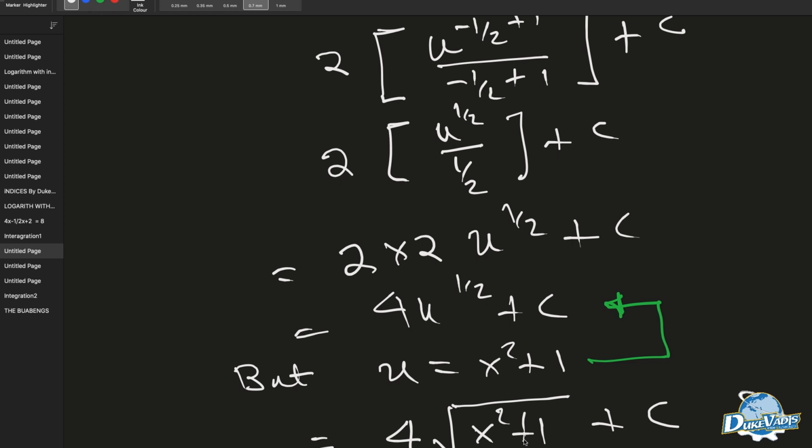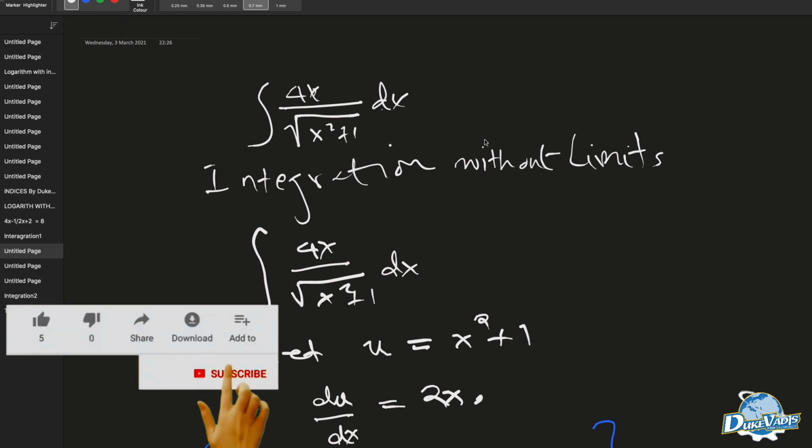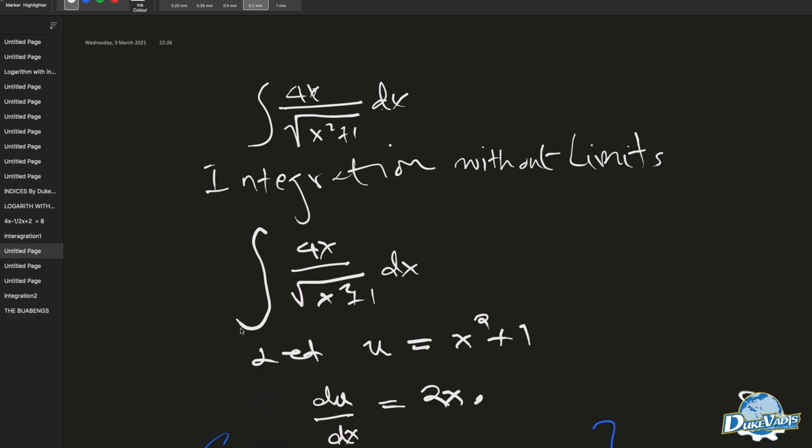Plus c. The question we were faced with was an integration without limit. When we say without limit, we don't have any values ranging from a lower value to an upper value. Because of that, we have to introduce a constant into the final integral.